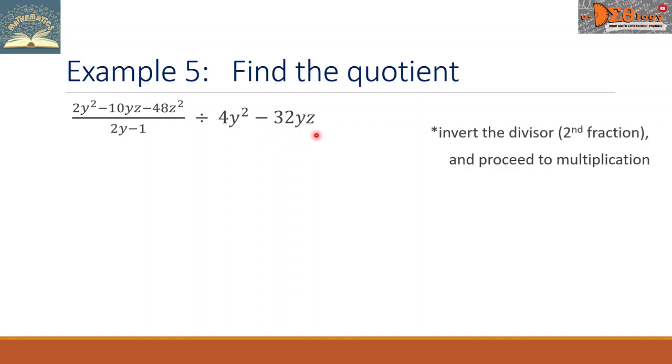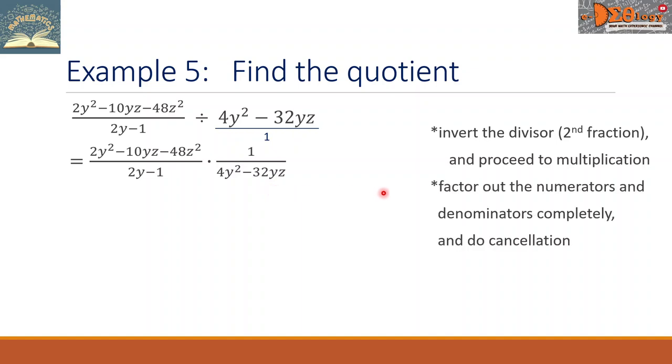Let's invert the divisor or the second fraction and proceed to multiplication. We can see that the value here is a polynomial, but we can show that this is a fraction, showing that the denominator is 1. So in the next step, we copy the first rational expression multiplied by the number 1 in the numerator all over this 4y squared minus 32yz.